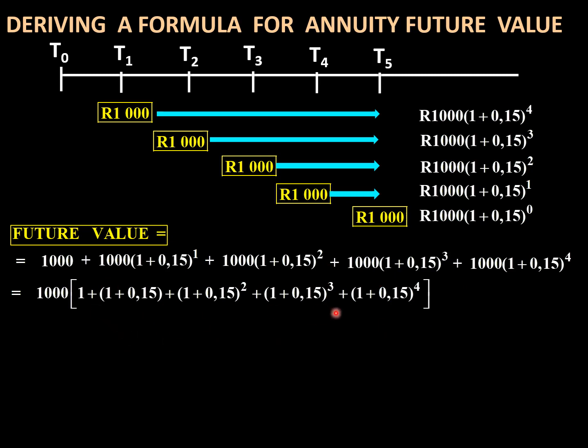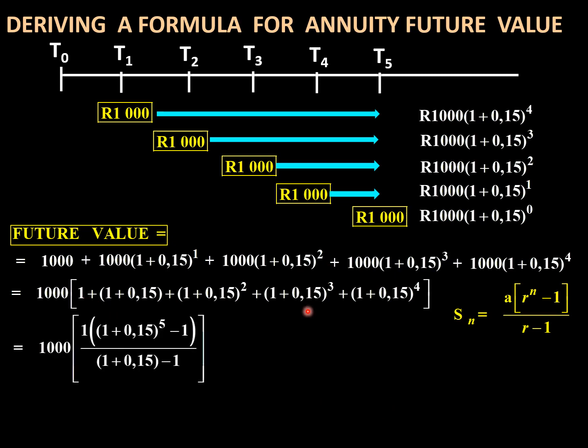Now what do you notice here? That's right, this is a series. What type of series? That's correct, a geometric series. So we use the sum formula for a geometric series, and if we substitute, what is your A value? The A value here is 1, and the ratio is 1 plus 0.15.